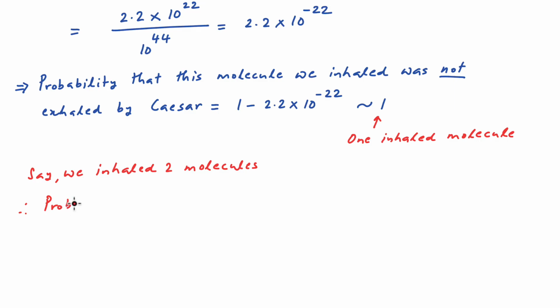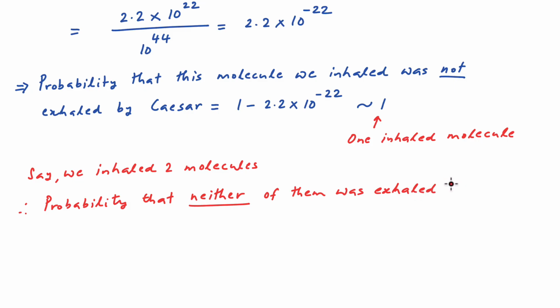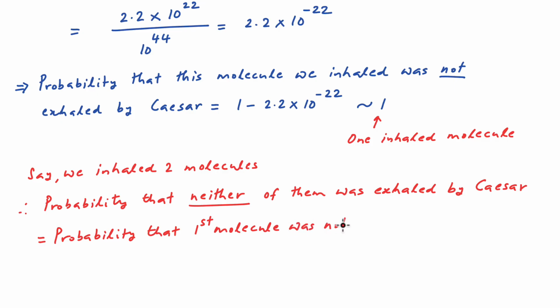The complementary probability that neither of these 2 molecules were exhaled by Caesar 2000 years ago is equal to the probability that the first molecule was not exhaled by Caesar multiplied by the probability that the second molecule was also not exhaled by Caesar.